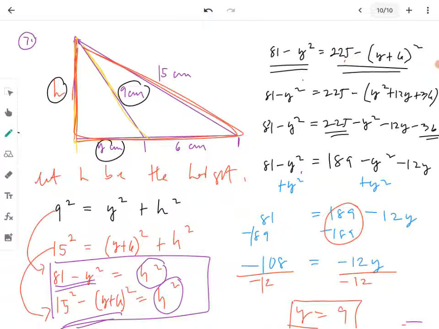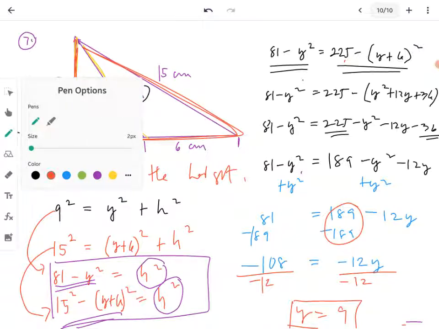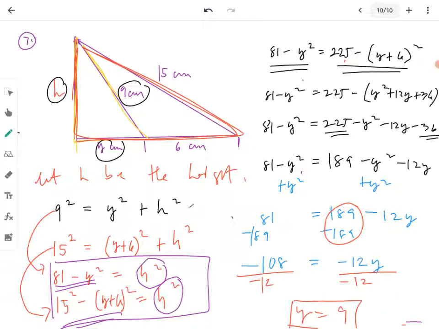So recap in this problem. We formed an equation using the first smaller triangle with the Pythagorean theorem. We formed another equation using the Pythagorean theorem again, and we equated them both to 8 square, to show that they are also equal.